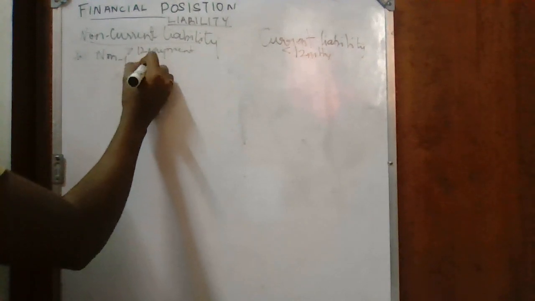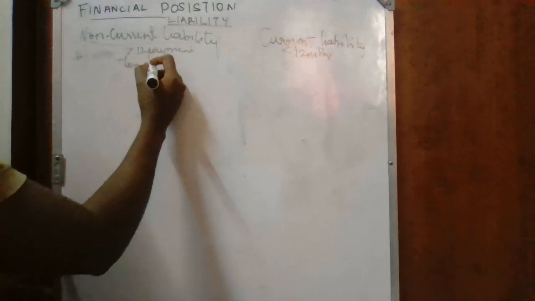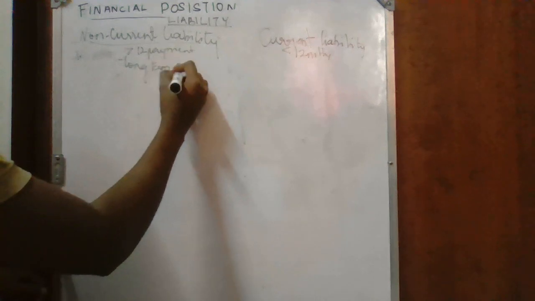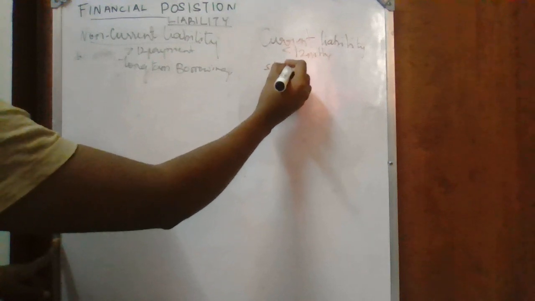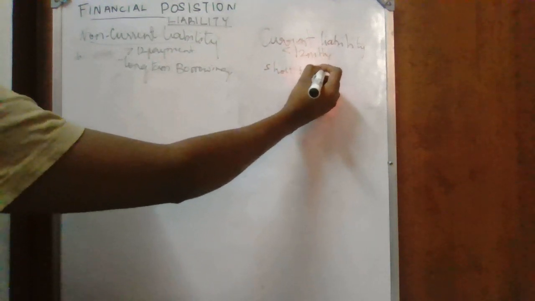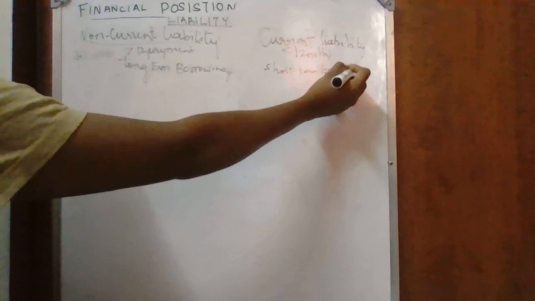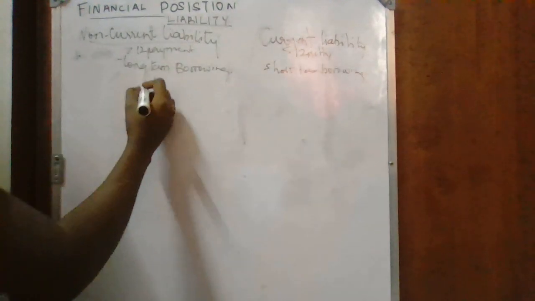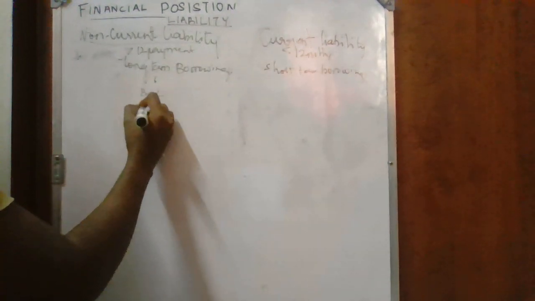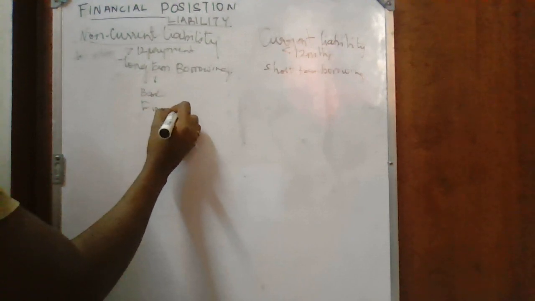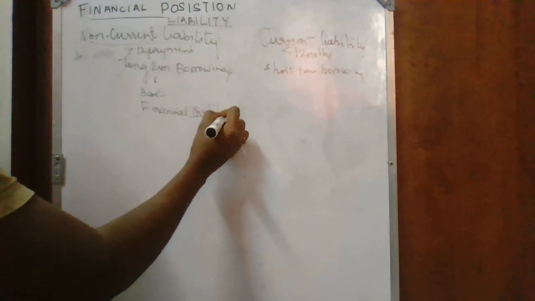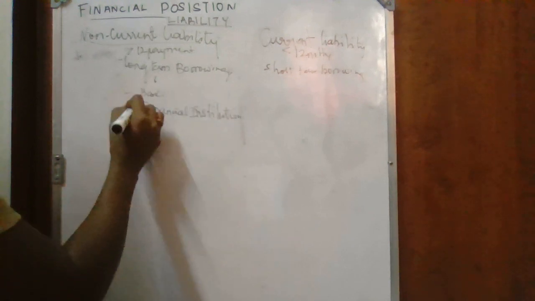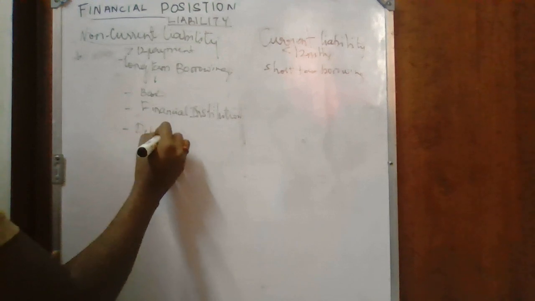Here, the first classification will be long-term borrowings. Here it will be short-term borrowings. Now, long-term borrowings might be from a bank or any financial institution, or you might issue an item known as debentures.